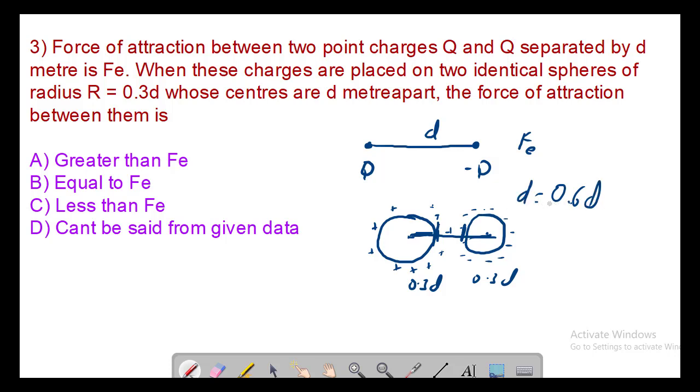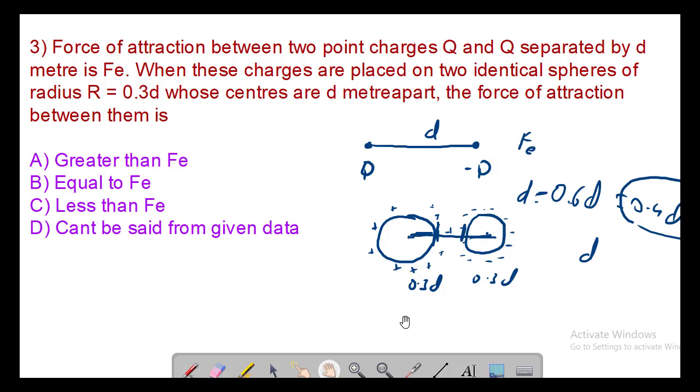So the distance of separation is d minus 0.6 d, which is 0.4 d. So the charges are now separated by a distance 0.4 d. Initially they were separated by d, now they are separated by 0.4 d.